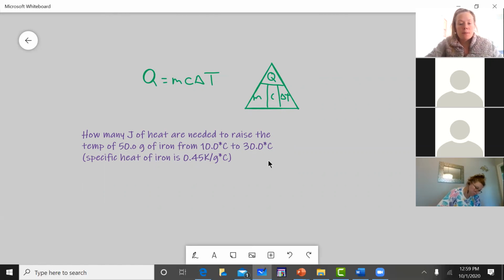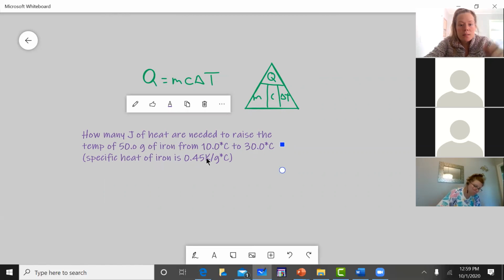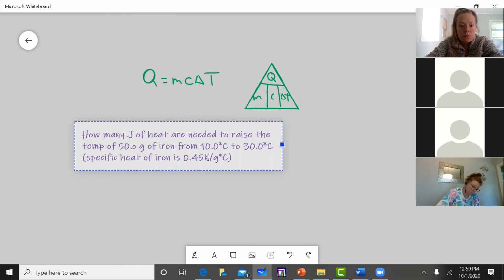And you have the specific heat, and I'm sorry, I don't know why that's K. It should say joule. Let me give you all about 4 or 5 minutes to set that problem up and solve for it.